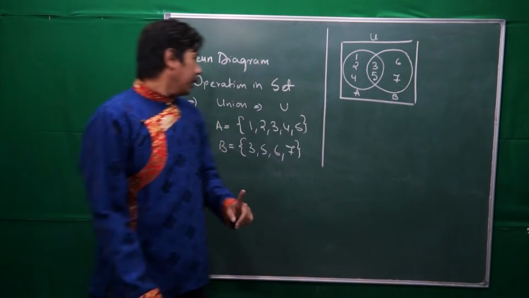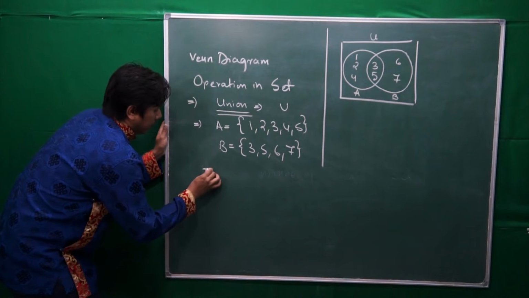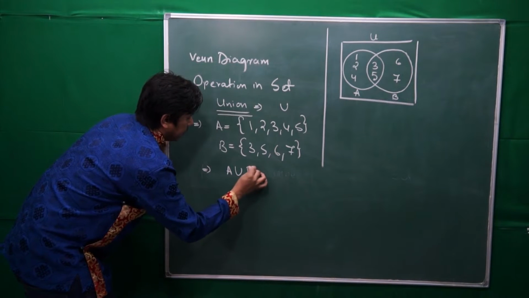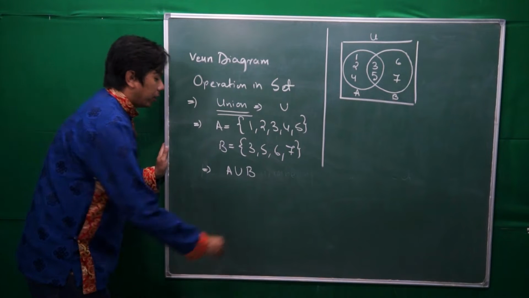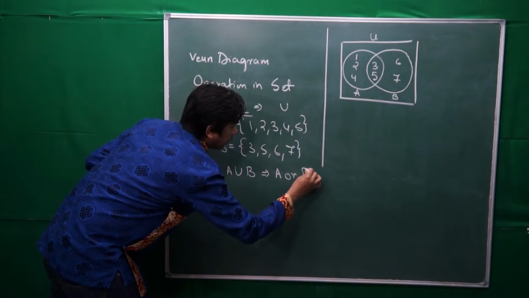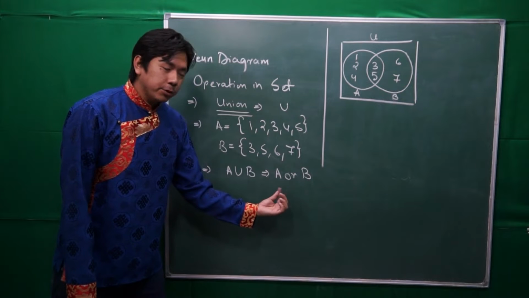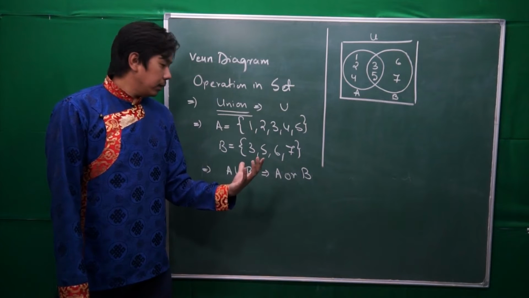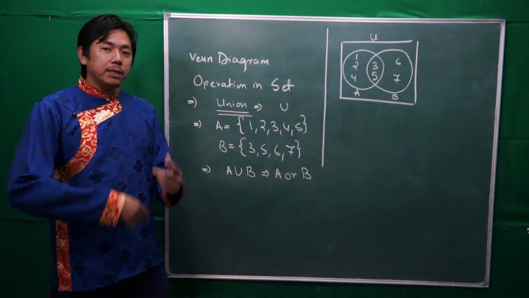Now the one thing that we were talking about was the union. So how do we represent it? We represent A union B, or it is also stated as A or B. In computer science, students always use the OR symbol, and we know that the OR symbol represents addition. Likewise, union also represents addition.